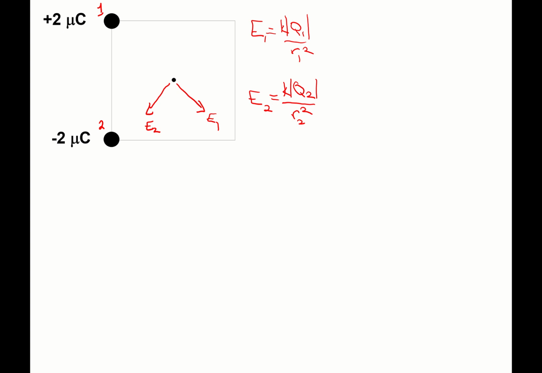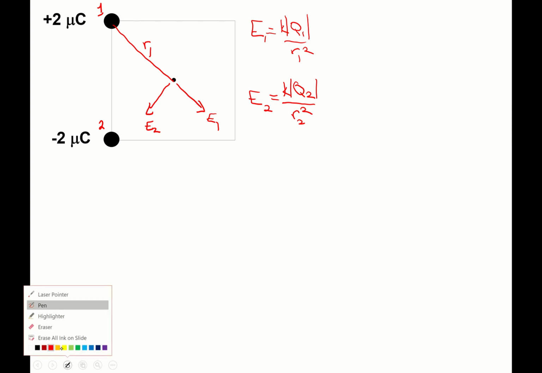What's the distance? R1 is half the diagonal of the square, and R2 is also going to be half the diagonal of the square.